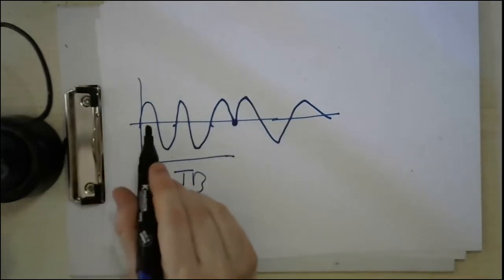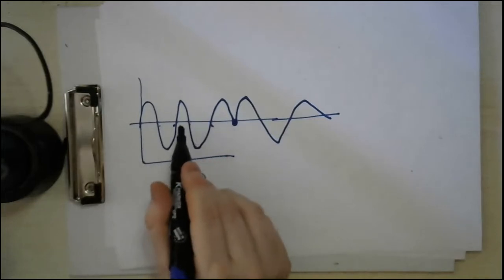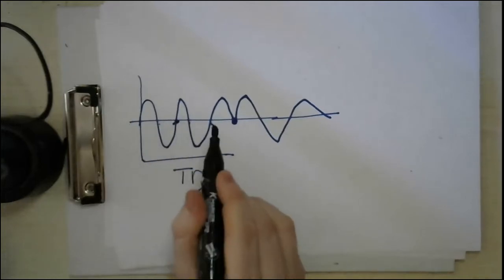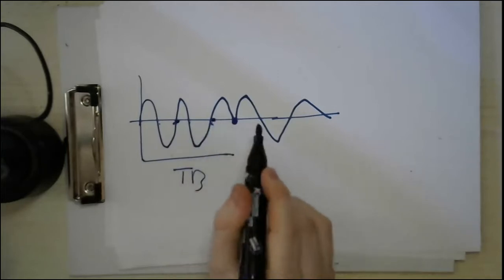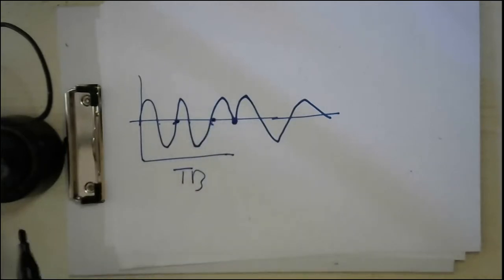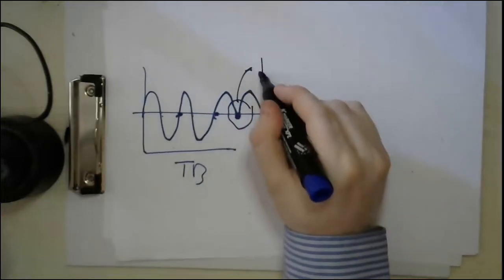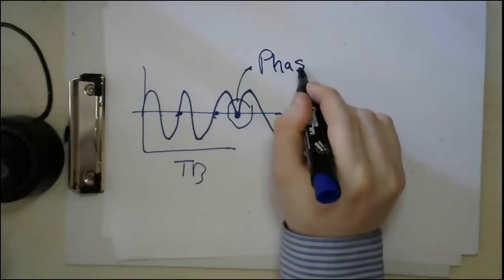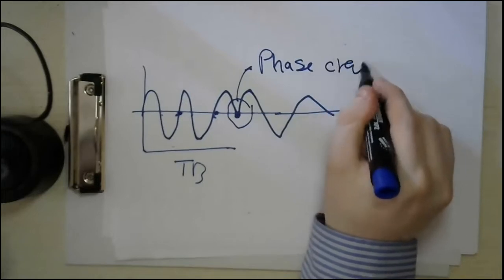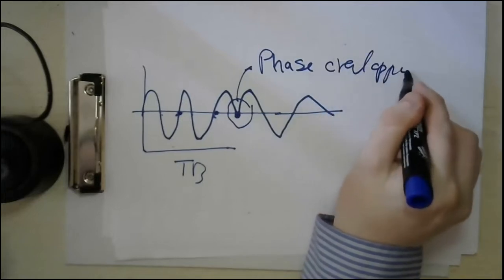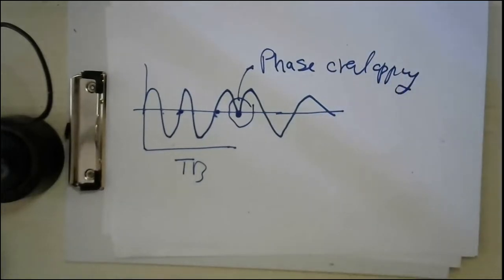So this is 1, 2, and a half. So this is what's called, if you remember, the phase overlapping problem. So in non-coherent frequency shift keying, you can have this phase overlapping problem which affects the bandwidth of the signal, if you remember.